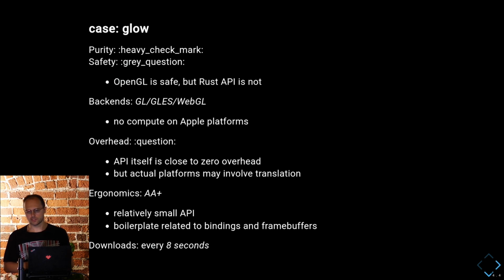The overhead of the library itself is zero. It's just straight up OpenGL calls. However, no sane platform wants to support OpenGL natively. This is a dead API. If you're NVIDIA, you want a single API to your GPU. You don't want to support a zoo of APIs, especially old ones like OpenGL.